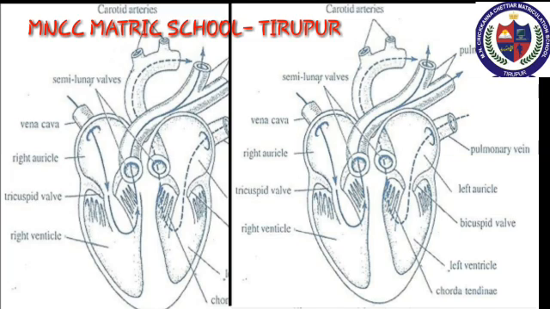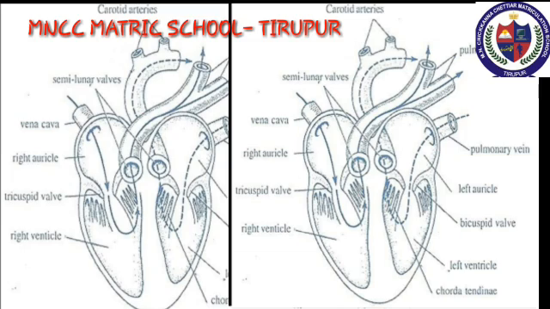The right auriculo-ventricular aperture between the right auricle and right ventricle is guarded by the tricuspid valve. The left auriculo-ventricular aperture between the left auricle and left ventricle is guarded by the bicuspid valve or mitral valve. The right auricle receives deoxygenated blood through two precaval and one postcaval veins from all parts of the body.